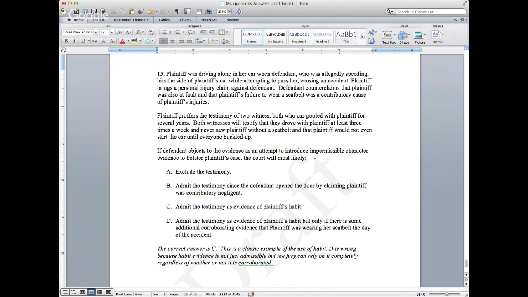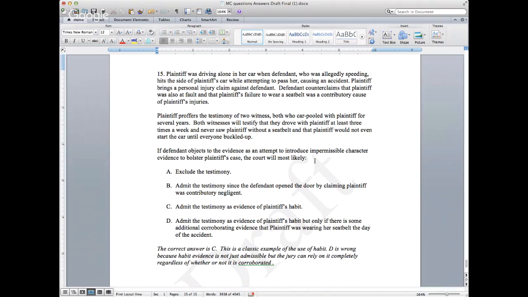The plaintiff proffers the testimony of two witnesses, both of whom carpooled with the plaintiff for several years. Both witnesses will testify that they drove with the plaintiff at least 3 times a week and never saw the plaintiff without a seatbelt, and the plaintiff would not even start the car until everyone was buckled up.